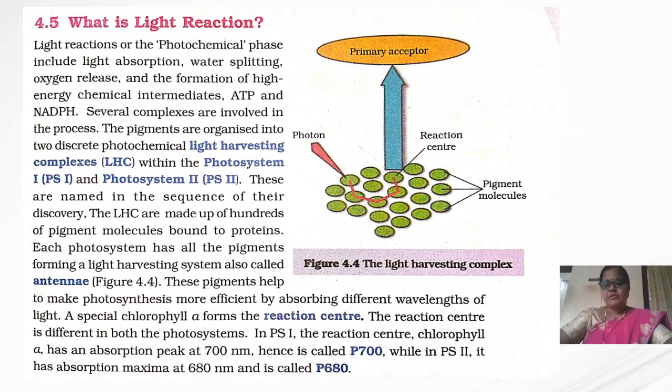Hundreds of pigments are bound to proteins, and they help make photosynthesis more efficient by absorbing different wavelengths of light. These pigments are organized into photosystem 1 and photosystem 2 within the light harvesting complexes.